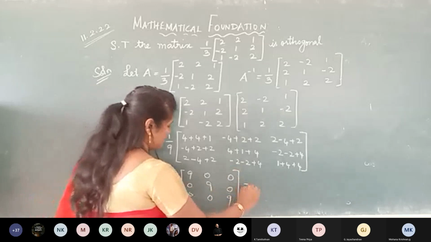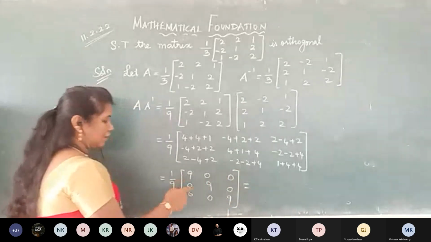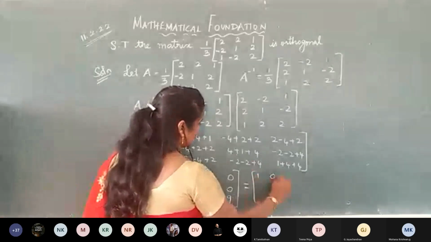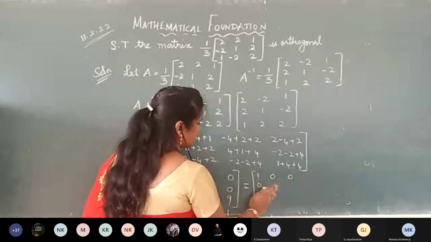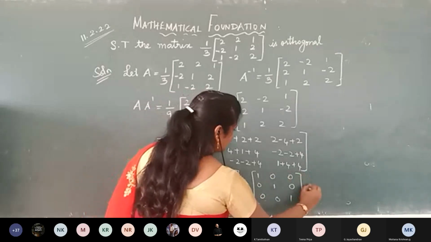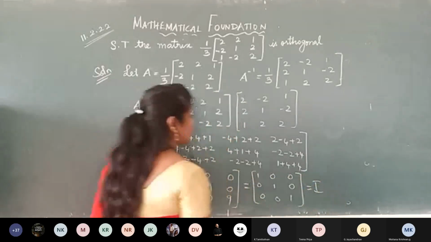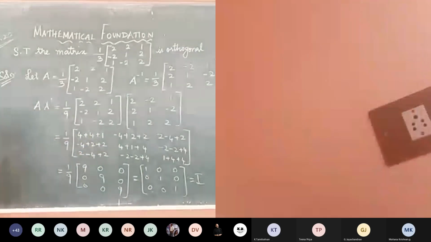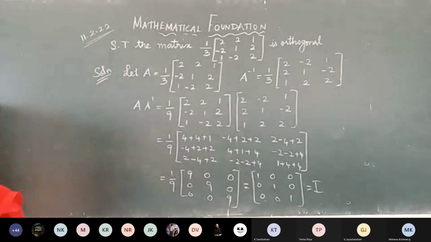So when you take the 1 by 9 inside, you get 1, 0, 0, 0, 1, 0, 0, 0, 1, which is your identity. So since it is becoming an identity matrix, the given matrix is an orthogonal matrix. You will conclude it.